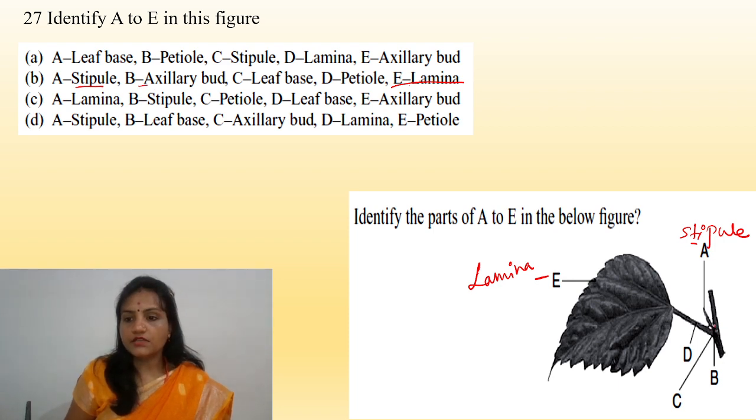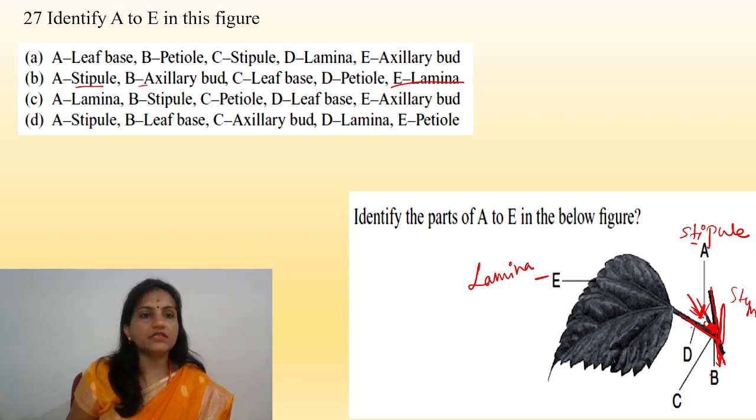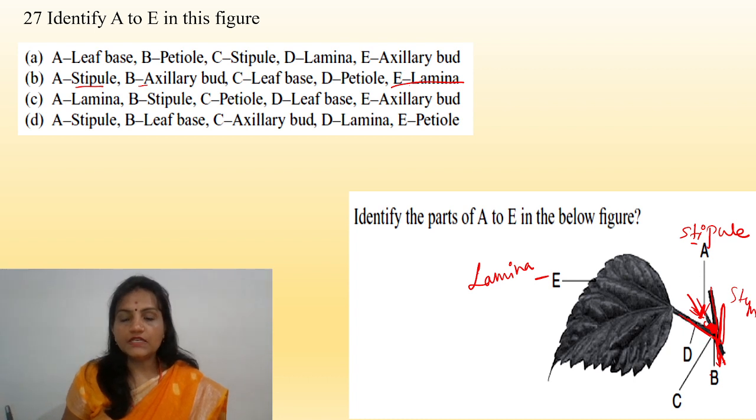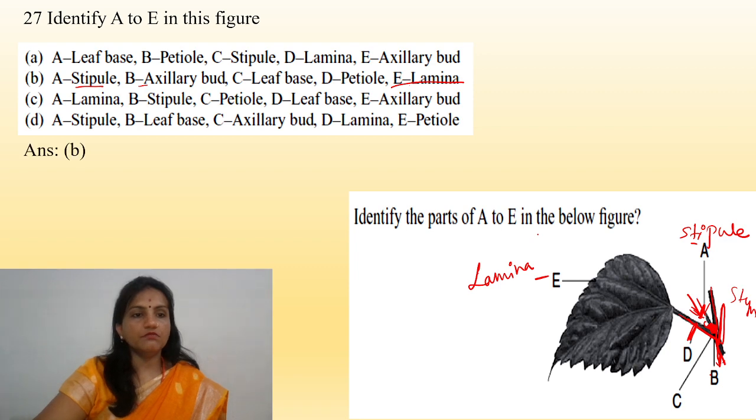B is axillary bud. The axillary bud is something that is formed in the axil of a leaf. This is the stem. This is leaf. The bud that arises at the axil, the junction, is called the axillary bud. B is axillary bud, correct. And C is leaf base, correct. D, this is the petiole, correct. So option B.